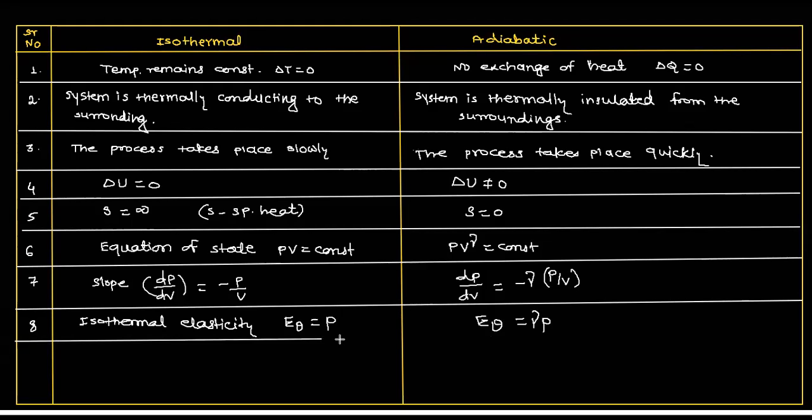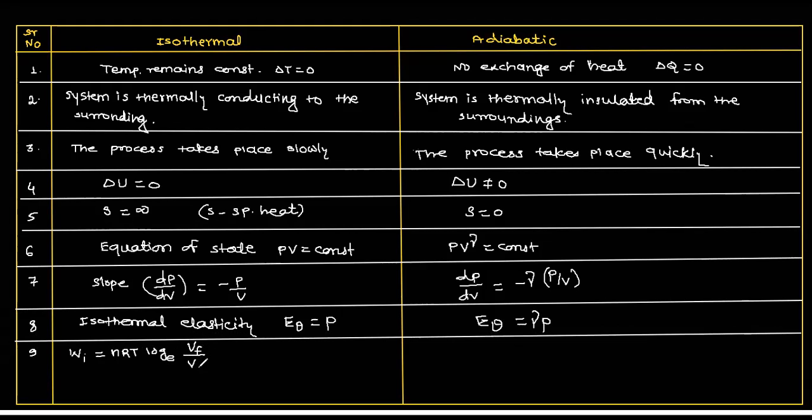And last point, what is that last point? Which one? Work done, isn't it? Right? Last one is work done. In this case, that is isothermal. I indicates isothermal. Okay. nRT log to the base e Pf by Pi, that is final by P initial, or that is also equal to nRT log to the base e Pi by Pf, which is your work done.